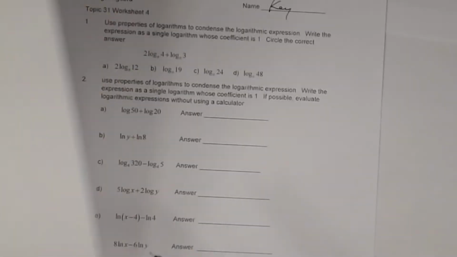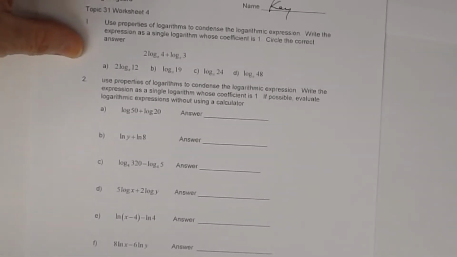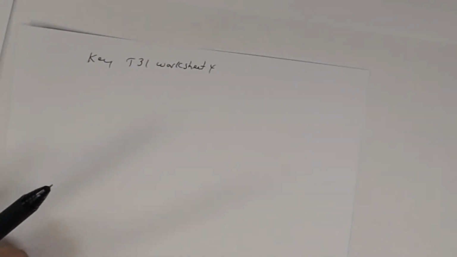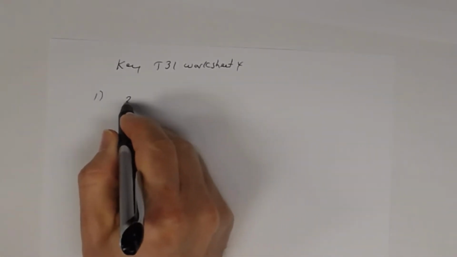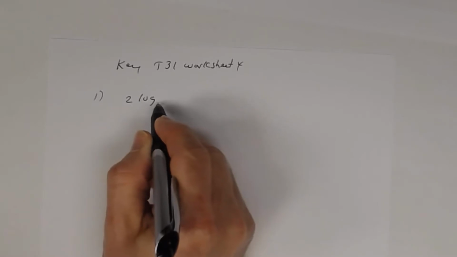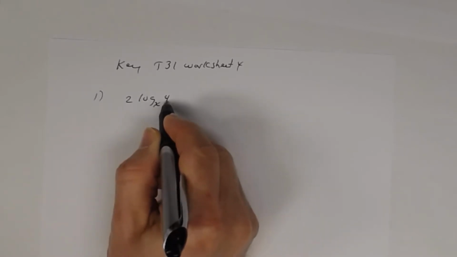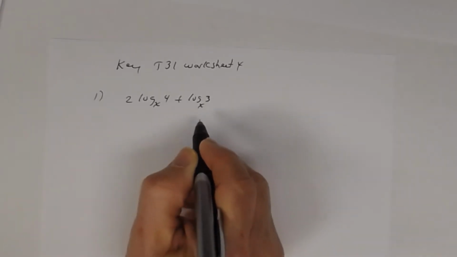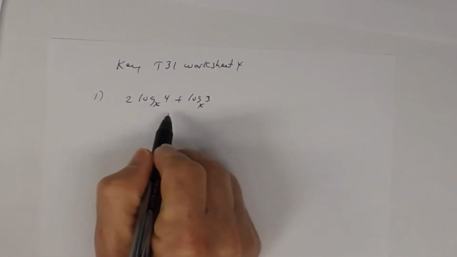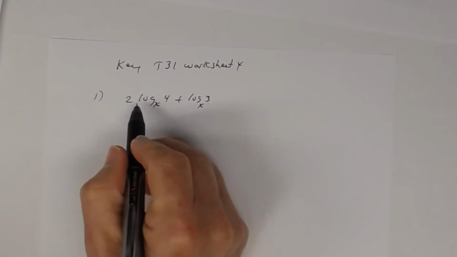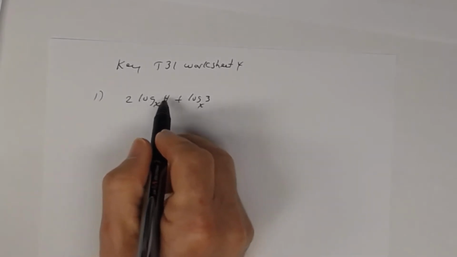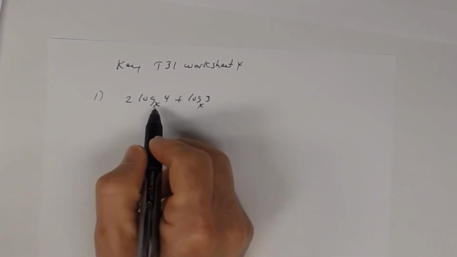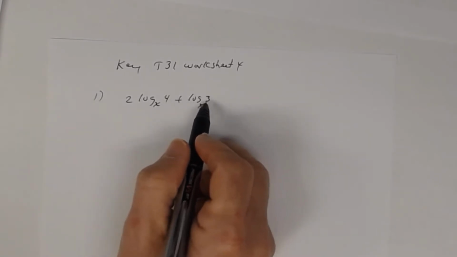Okay? All right, so let's look at number 1. So let me go ahead and rewrite number 1, and let's talk about that. So number 1, we have 2 times the log base x of 4 plus the log of 3 base x. So remember, I stated it different ways. You could say 2 times the log base x of 4, or the log of 4 base x, plus the log of 3 base x.